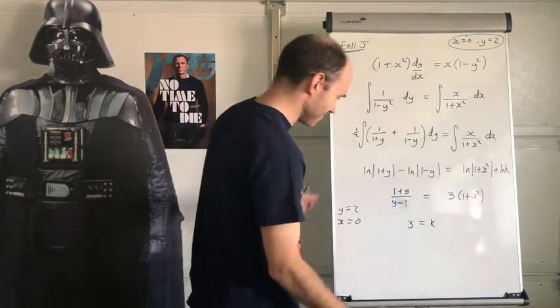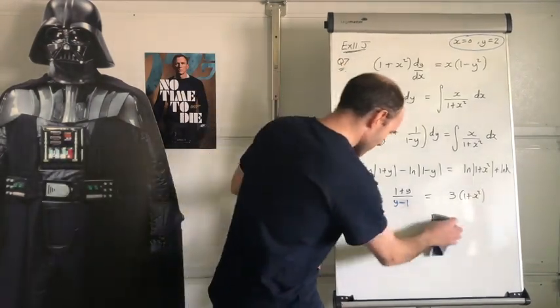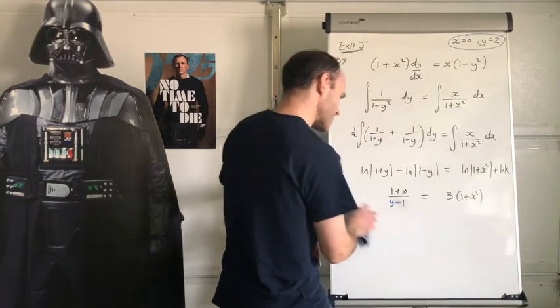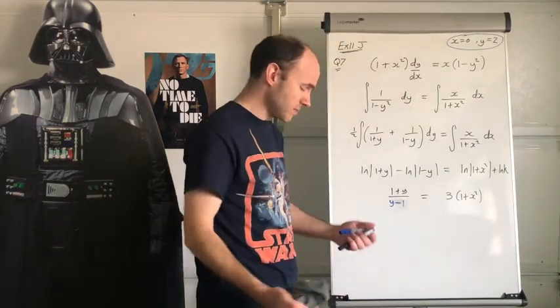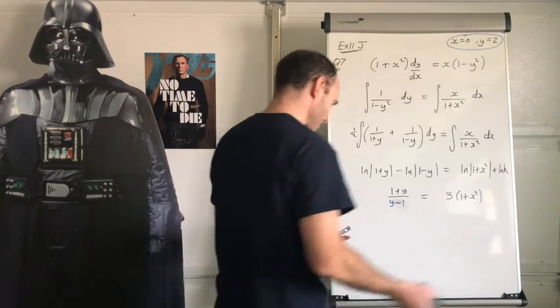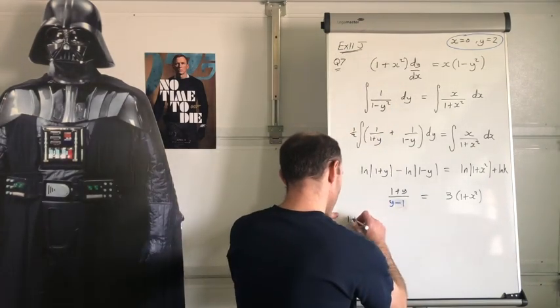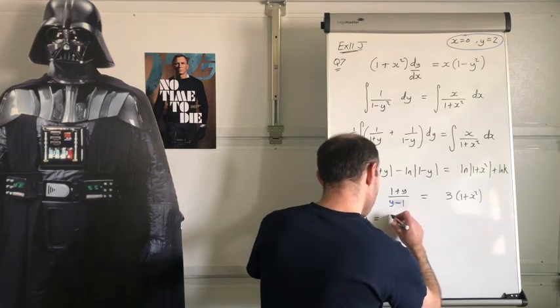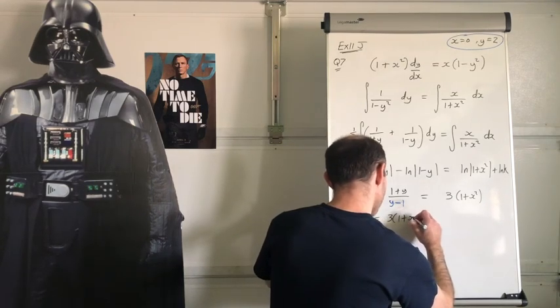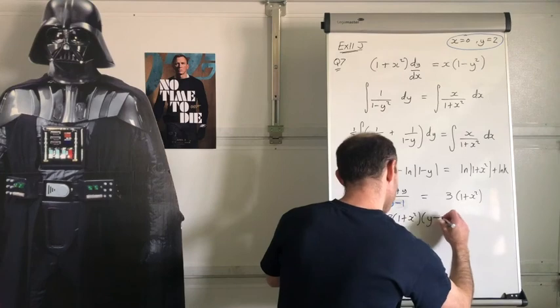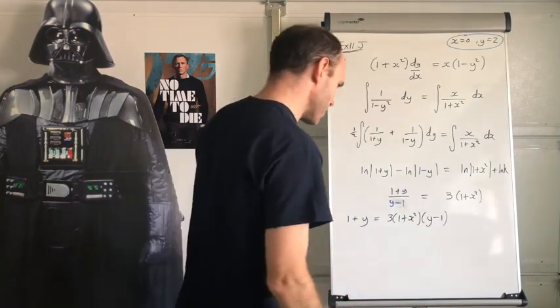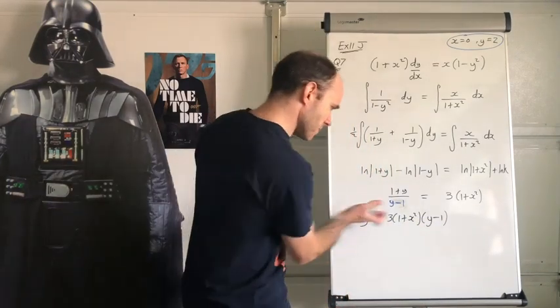Good. Let's see if we can do the rest of the question. The question asks us to write it in the form y equals something, so let's do that. We're going to have 1 plus y equal to 3, 1 plus x squared multiplied by y minus 1, because we want to make y the subject, don't we? So we've got to put y onto that side.